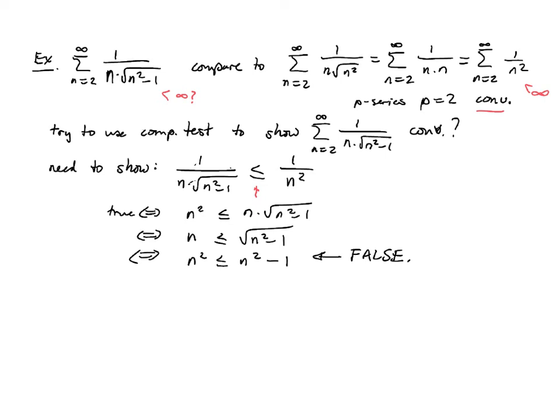And so the point is that the comparison test does not apply. We don't get to draw any conclusion from the comparison test. So we need to try the limit comparison test.